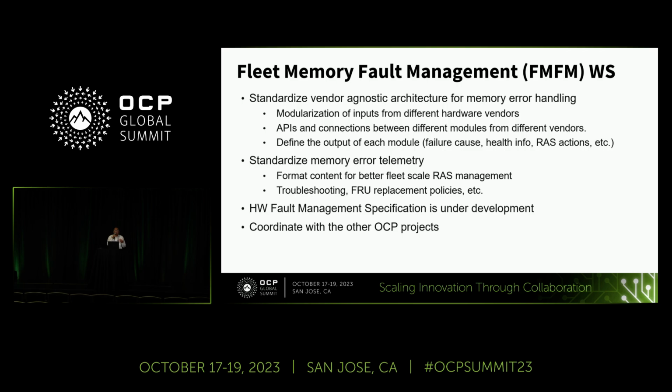Based on that, you can standardize and make this whole architecture vendor agnostic. Additionally, all the telemetry information related to memory errors can also be formalized as standard content. So those are the specs this sub-project is working on, and they have been talking with other projects to help with this standardization.